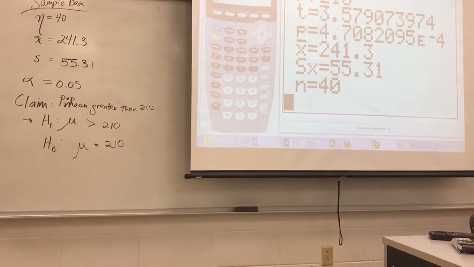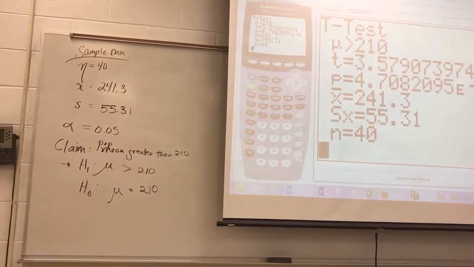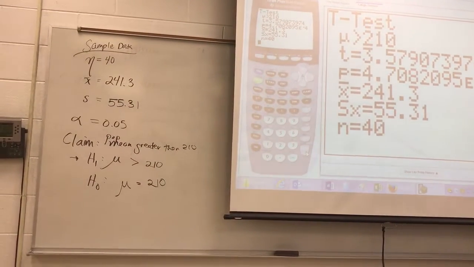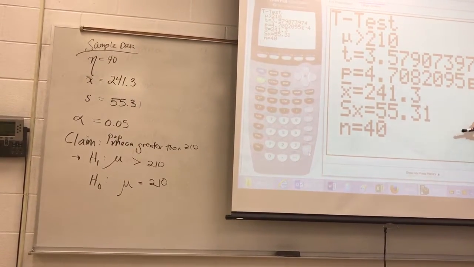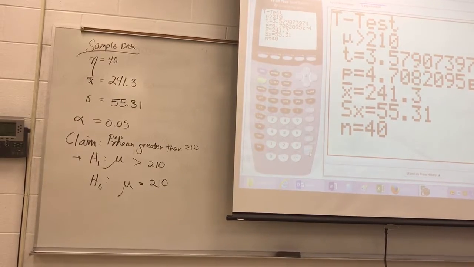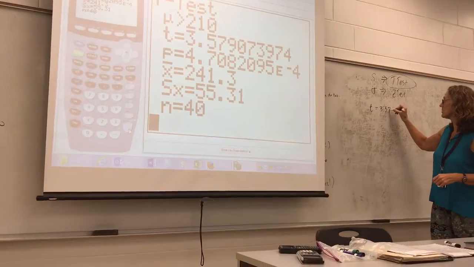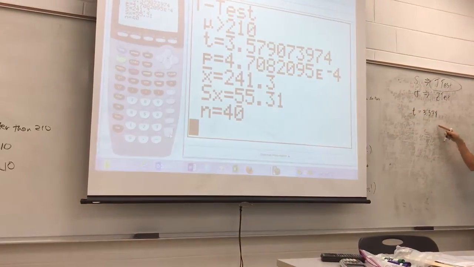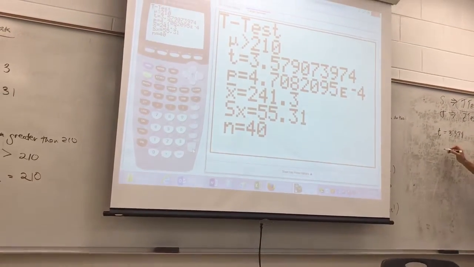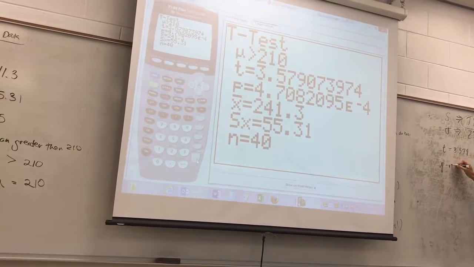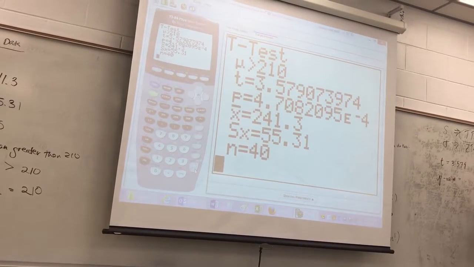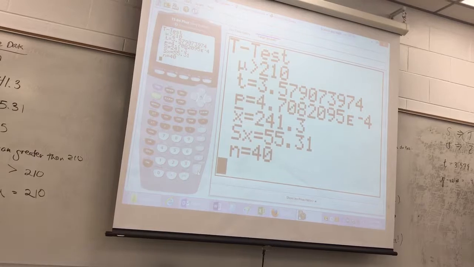Alright, and then it restates the alternate hypothesis and then gives you your test statistic and your p-value, and then it restates your sample statistics. So the test statistic, t, is 3.579, which is pretty extreme. That means it's more than 3 standard deviations above the mean. And the p-value, what's the p-value? Be careful. Is it 4.7?